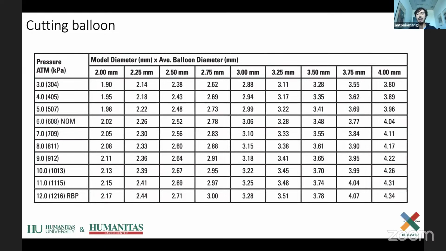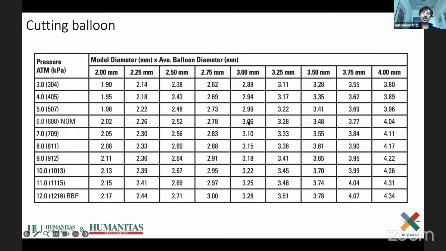As I mentioned before, the cutting balloon is considered by the company a non-compliant balloon, but I think that this compliance chart is fundamental. When we inflate the cutting balloon, whose nominal pressure of inflation is 6 atmospheres, when we go up to 12 atmospheres or even higher, 18, 20 atmospheres, the diameter of the balloon increases dramatically.